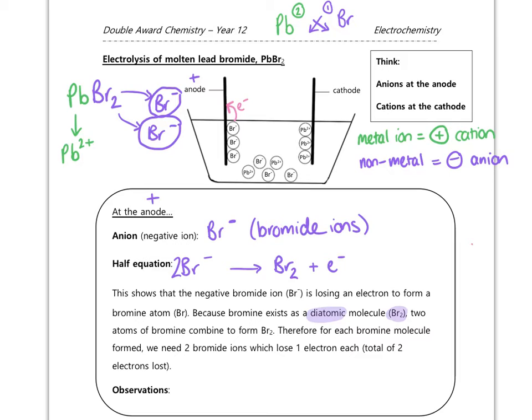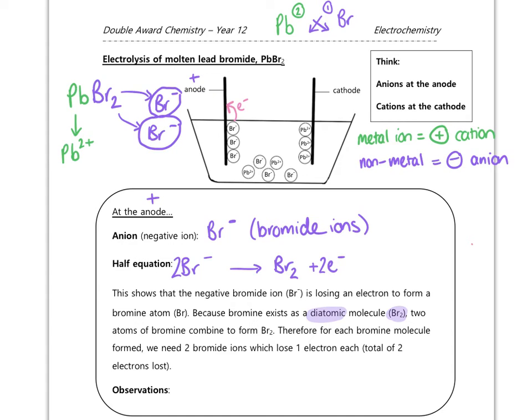So I need to put a 2 in front of my bromide ion. And what does that mean about the number of electrons that are lost? Well, if 1 bromide ion loses 1 electron, I've got 2 here. So they're each going to lose 1 electron, and that will give me a total of 2 electrons. So that is your half equation. Make sure it's written exactly like that: 2Br- → Br2 + 2e-.